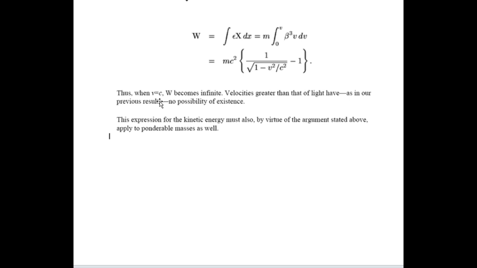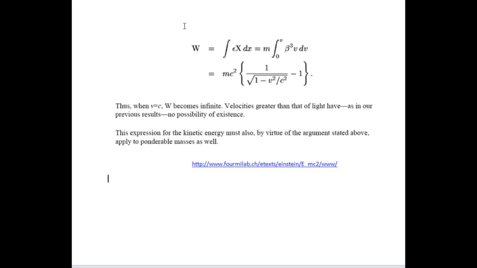You can read what he said in his text here: Thus, when V equals C, W becomes infinite. He called the energy W. Velocities greater than that of light have, as in our previous results, no possibility of existence. This expression for the kinetic energy must also, by virtue of the argument stated above, apply to ponderable masses as well.